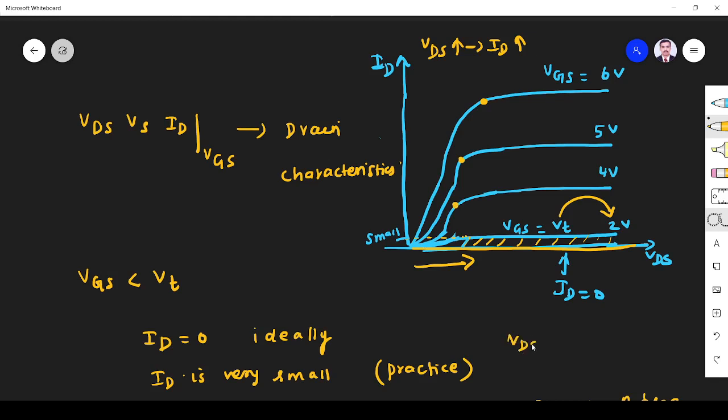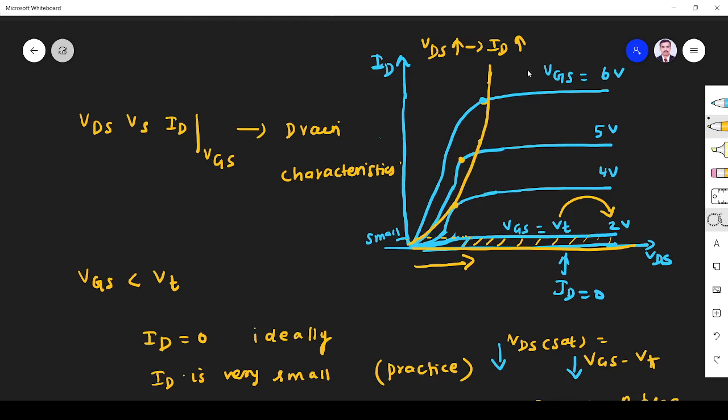We know VDS saturation is equal to VGS minus VT. So when VGS decreases, VDS sat will also decrease. When VGS goes from 6 to 5 and 5 to 4, the VDS saturation point decreases. So I can link all the points, and it will be like a parabola, curved like this. I am not drawing it properly here.